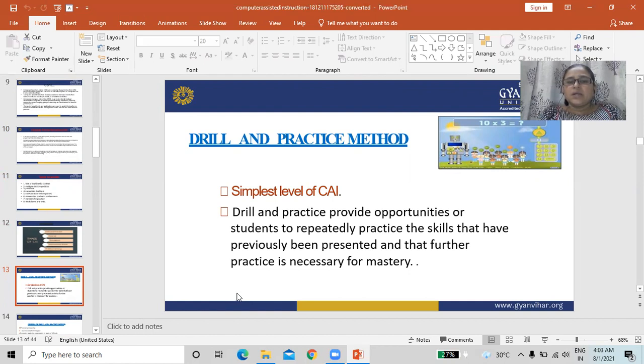Drill and practice provides opportunities for a student to repeatedly practice the skills that have previously been presented, and that further practice is necessary for mastery.